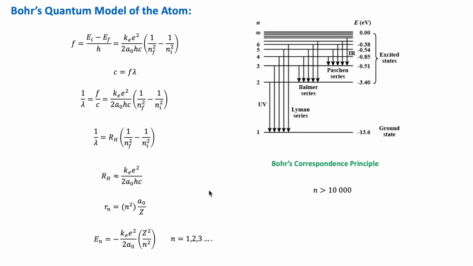So Z is the atomic number of the element and it represents the number of protons in the nucleus, right? Then the radius of the orbit of the nth level is given by this equation. And the quantized energy levels, the allowed levels for that electron, is given by this equation.